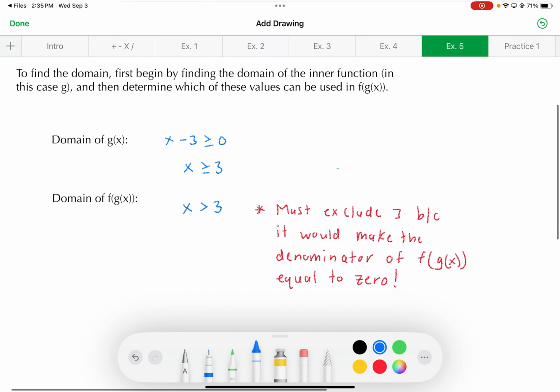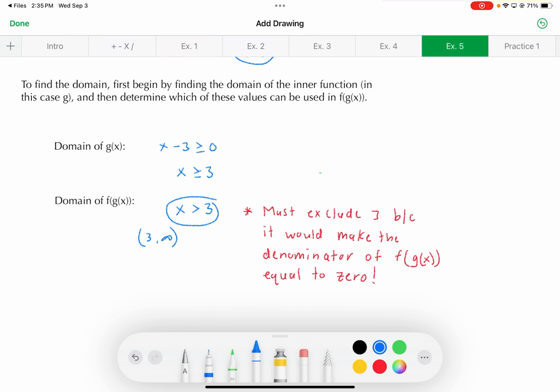Okay. So you can give that, or of course we can do interval notation, 3 to infinity. Questions?